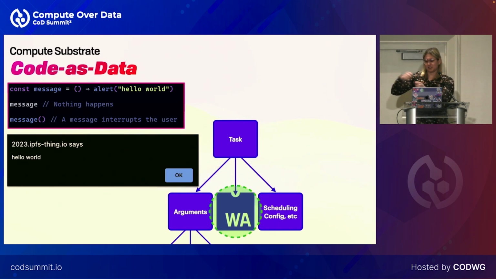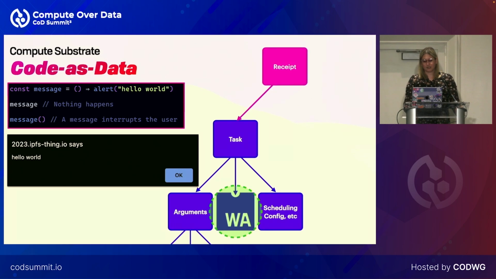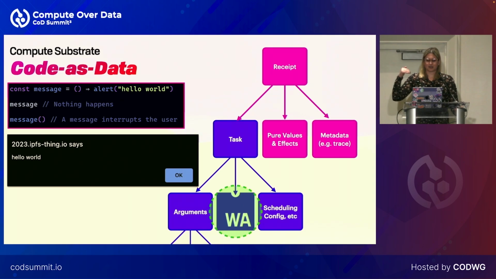We'll see in a couple slides when we look at the schema exactly how that's done. But the short version is you actually have to sign to say, hey, I want this thing run. Actually go and do this for me now. When it executes and you get back a result, you have a receipt that points at the original description of the task. So this is content addressed compute. You get back pure values and effects.